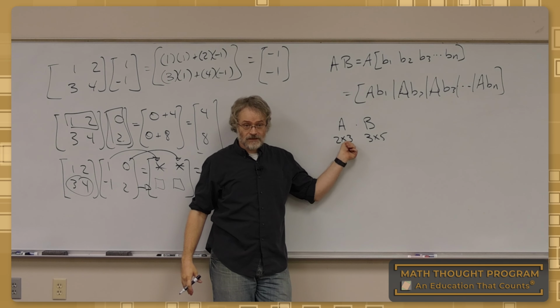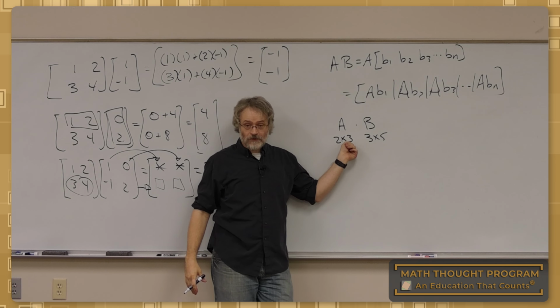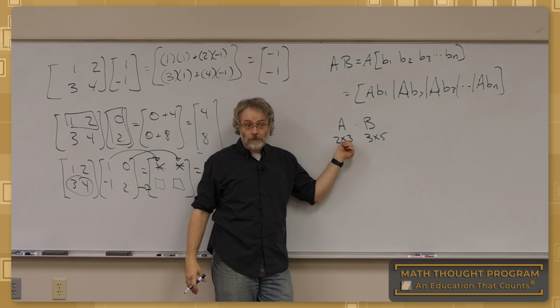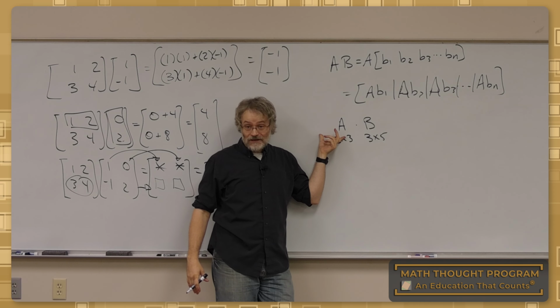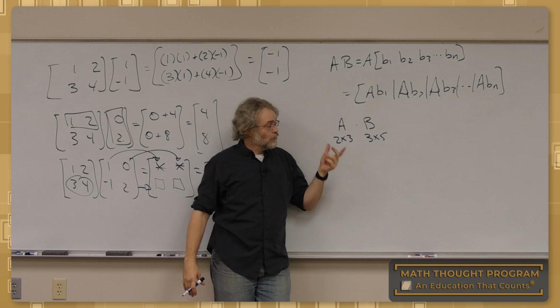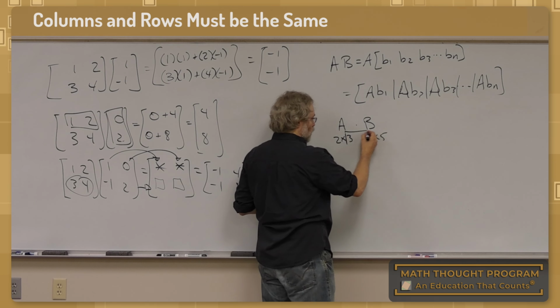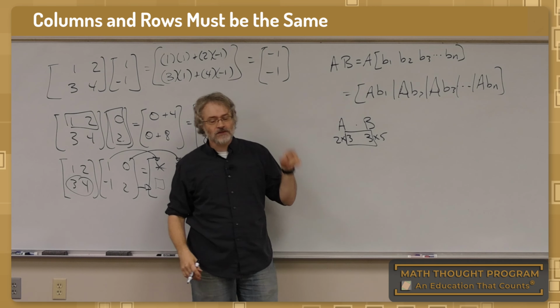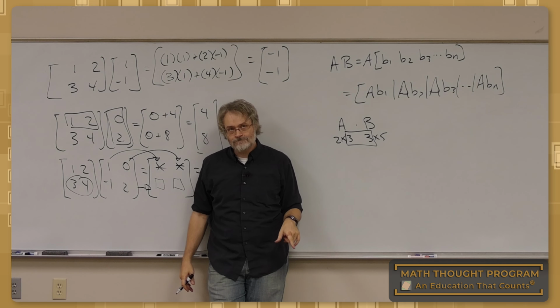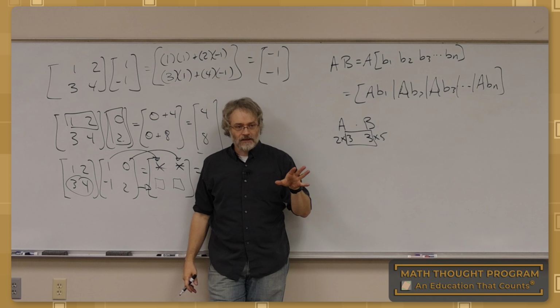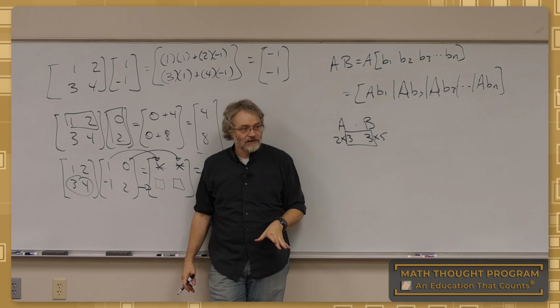So you're taking something from the third dimension, and then you're going to operate on the matrix A and do something with it. As long as the rows and the columns are identical, then it will be defined.